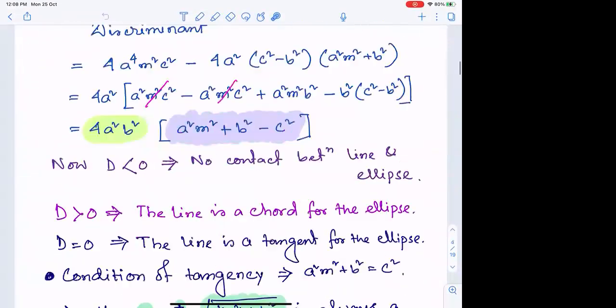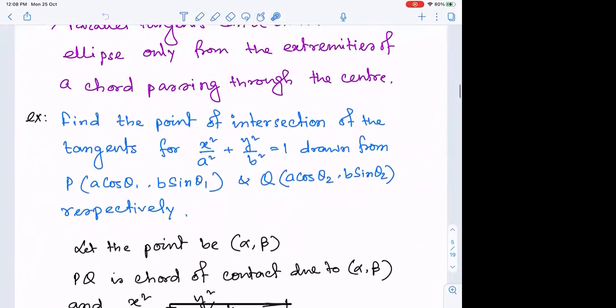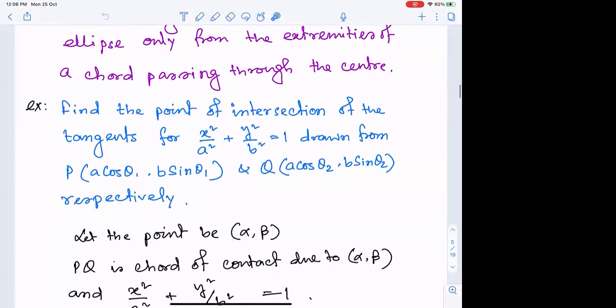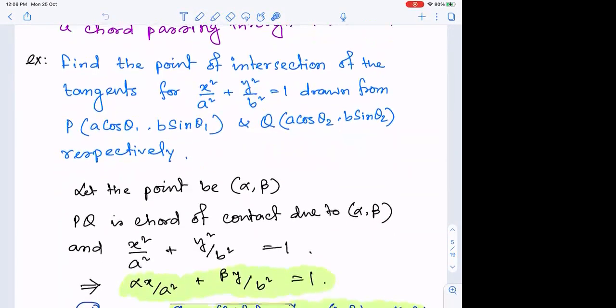So let's get back to our point of discussion. If we consider the intersection point as alpha comma beta, then PQ is the chord of contact due to alpha comma beta. This was our identification. Hence the equation of PQ in that sense should have been alpha x by a square plus beta y by b square is equal to 1, right?